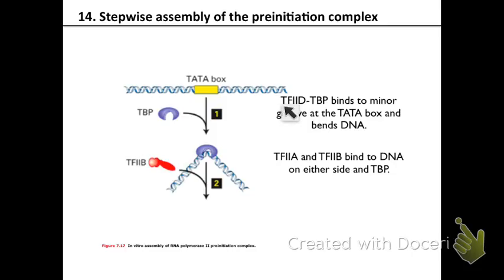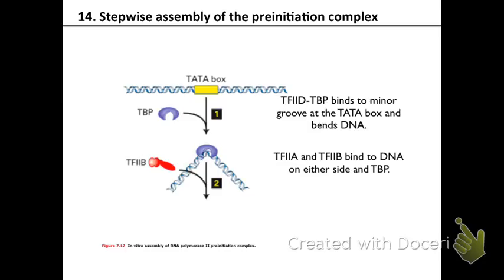So the rest of the TFIID subunits are not shown here, but TFIID also contains TBP. So what it does, it binds to the minor groove of the DNA at the TATA box, and that binding bends the DNA. So it bends the DNA like this. Okay. Next, there are two other proteins called TFIIA and TFIIB that bind to DNA on either side of the TBP. So the TBP binding recruits these proteins.